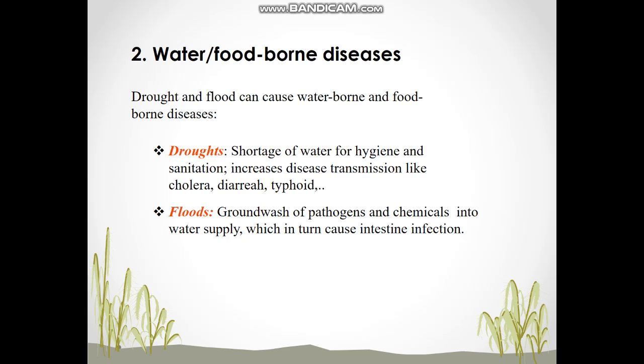Or floods can wash away and spread pathogens and chemicals into water. That's why you should never drink flood water or food that came into contact with flood, because it may contain infection agents, which in turn can cause intestine infection.